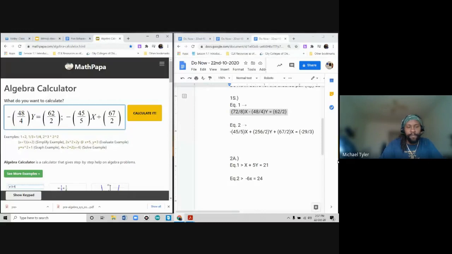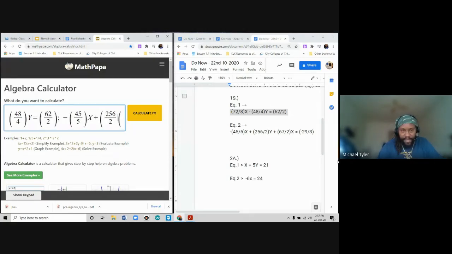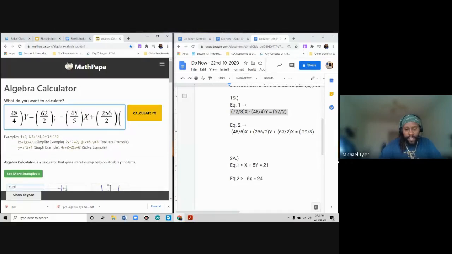So parentheses, 256 divided by... Edward left, having internet issues again. Divided by 2. I think that makes that correct, right? Close parentheses, this is y plus 67 divided by 2. I got that part. And then it's x equals, and open parentheses, minus 29 divided by 3. And then come over 1, close parentheses, okay?